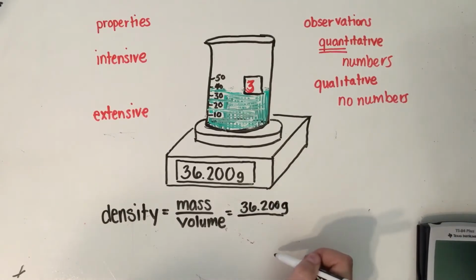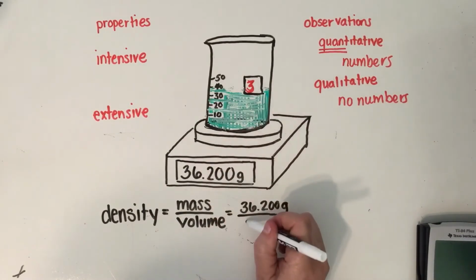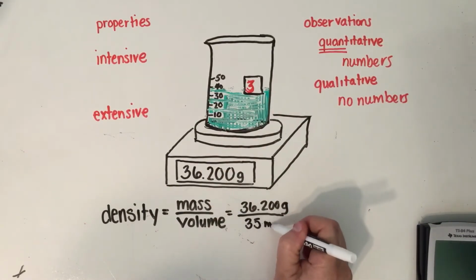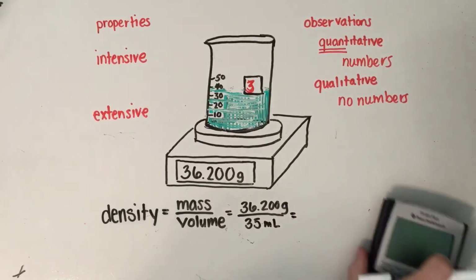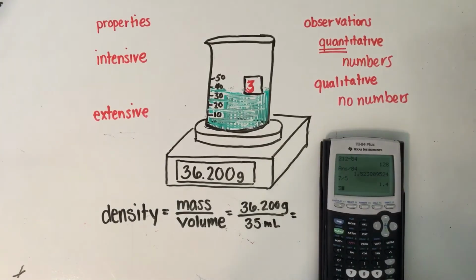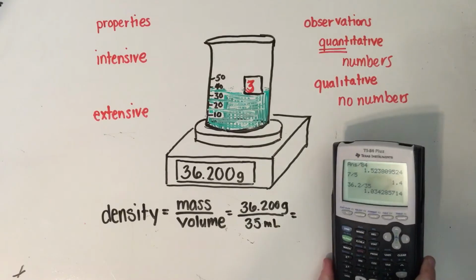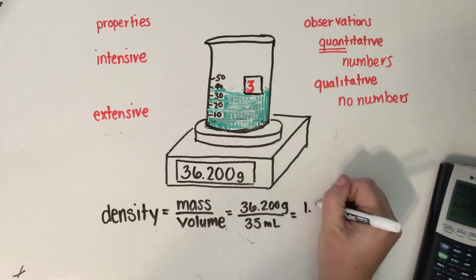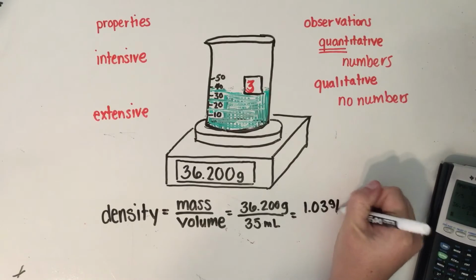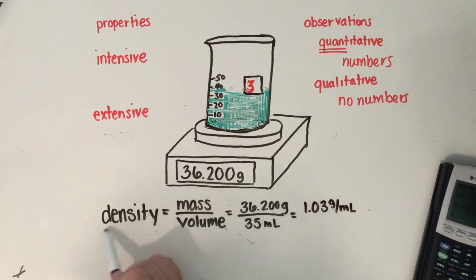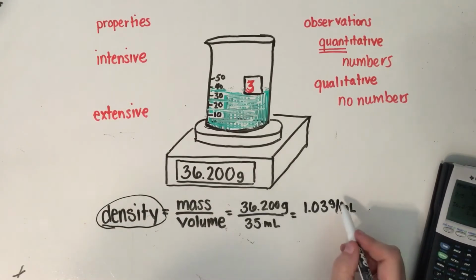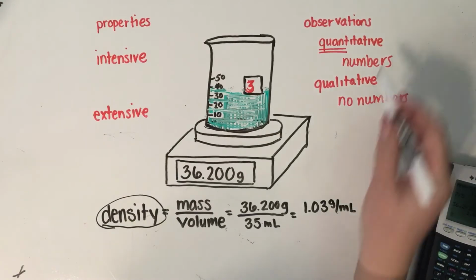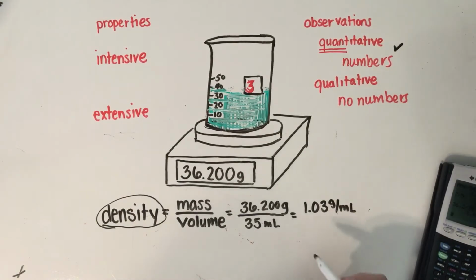The volume of our sample would be, let's say, 35 milliliters. So the density would be 36.2 divided by 35, 1.03 grams per milliliter. Now I've represented the property of density using a number, so that would be a quantitative observation.